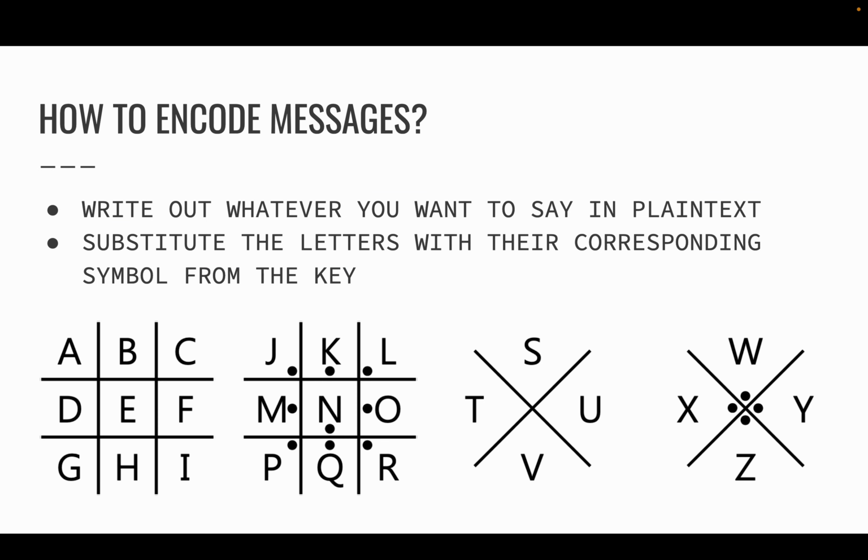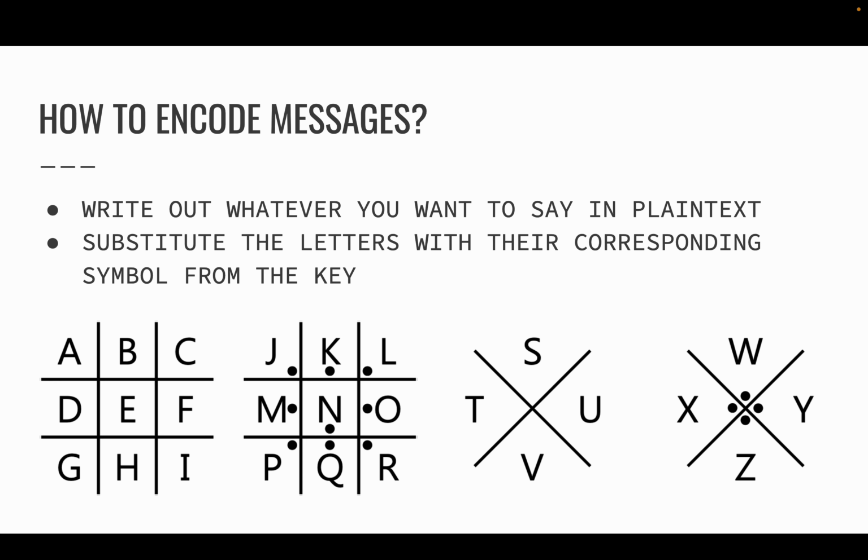First off, I'm going to explain how to encode the letters using the cipher. First you want to write out your message, whatever you want to say, in plain text, or English in this case. And then you're going to substitute the letters with the symbol that you find from the key.